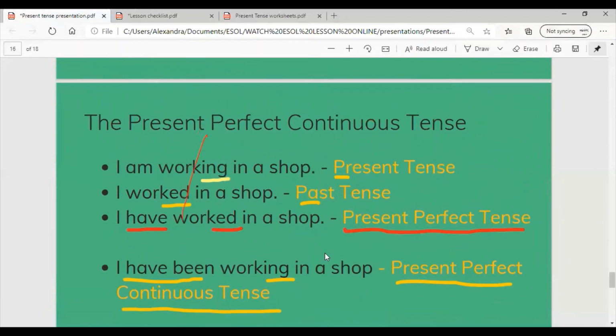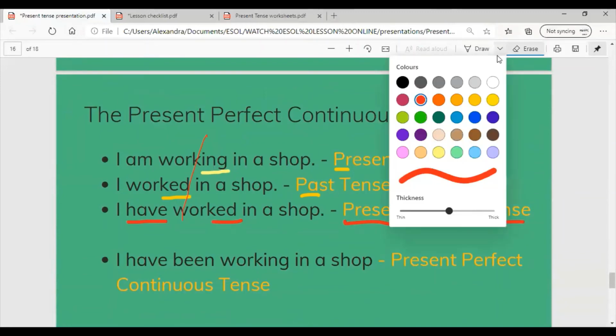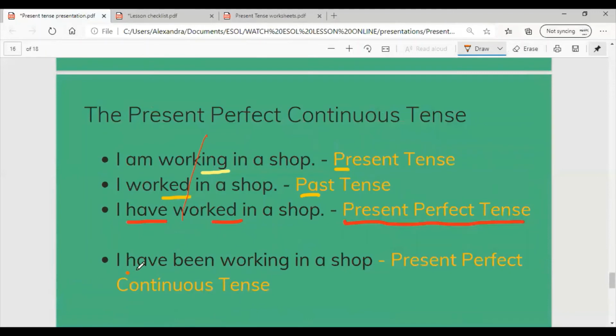Our present perfect continuous tense is this line here. So "I have been working in a shop" would become "I have been working." Remember, you need that "have been" for the past and the "ing" for the present, and when put together this makes the present perfect continuous tense, because it's something that started in the past but is still ongoing because of that "ing."